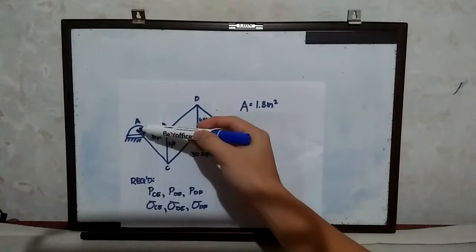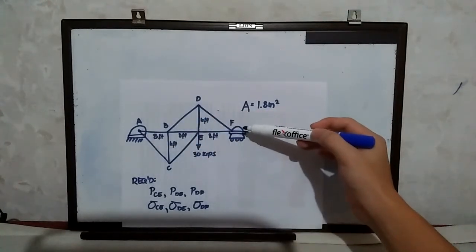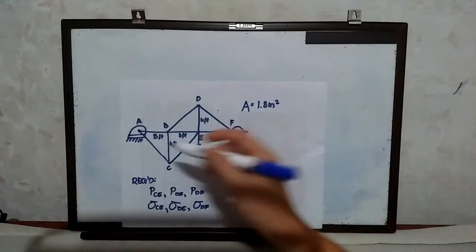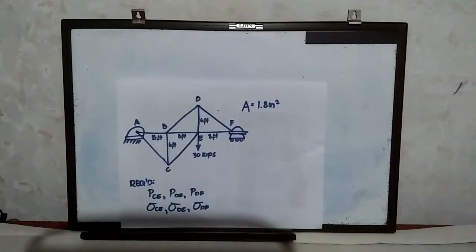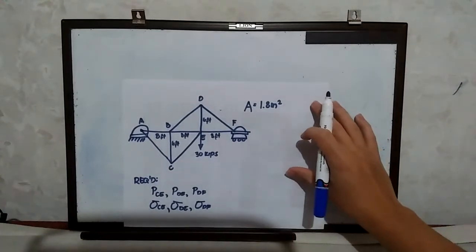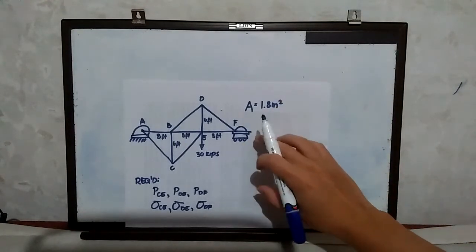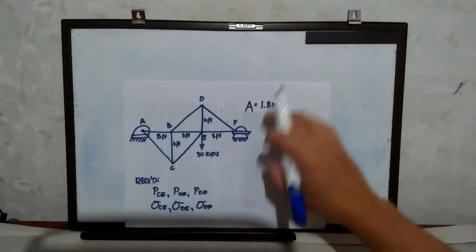We have the pin for point A, and of course for point F we have a roller. And we all know that all of the loads are acting on the y-axis, so we don't have any forces acting on the x-axis.